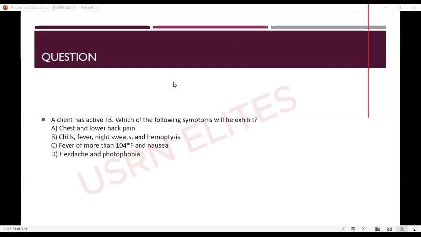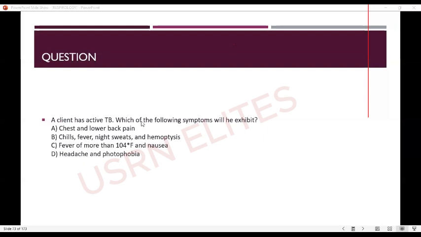Exactly. Let's all pick our phones to do some calculation. 104 minus 32, we are getting 72. Then you divide 72 by 1.8, and the temperature will be 40 degrees. Are you getting my point? So that is how we convert from Fahrenheit to degrees Celsius.